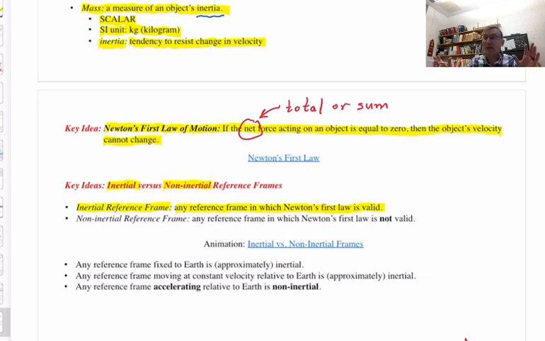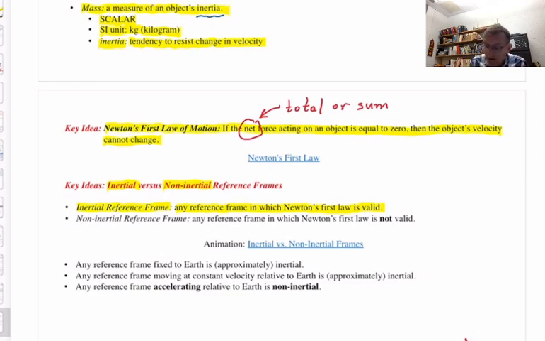Well, now we know how to identify an inertial reference frame. We do an experiment and see if Newton's first law is true. And it either is true or it isn't. And if the experiment we do in the reference frame shows that Newton's first law is true, then we categorize that reference frame as being inertial.